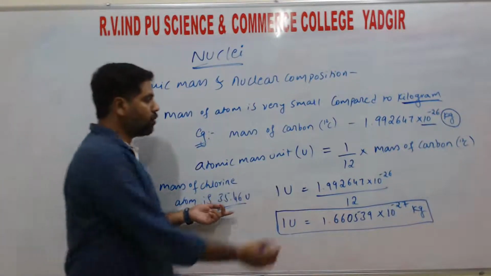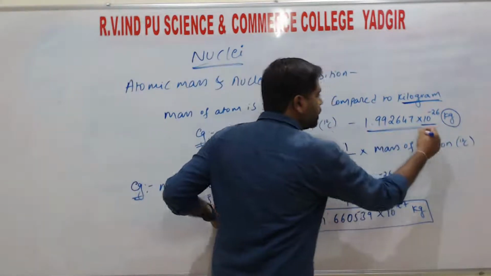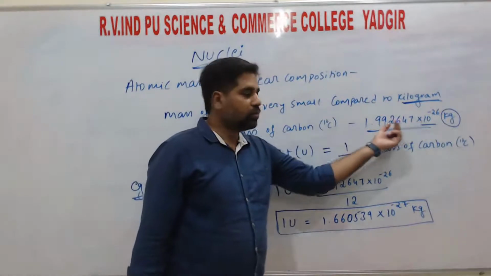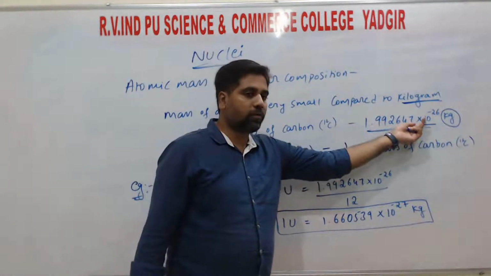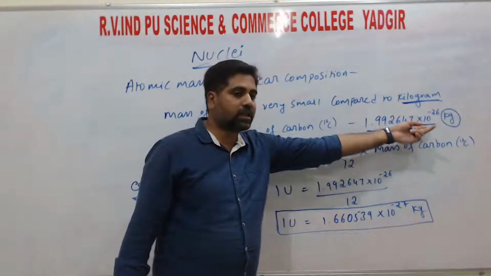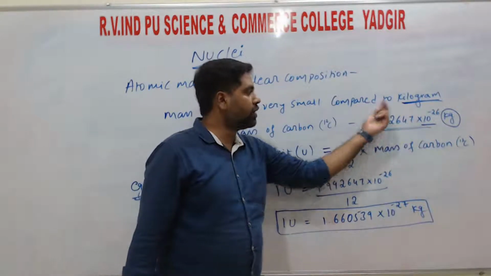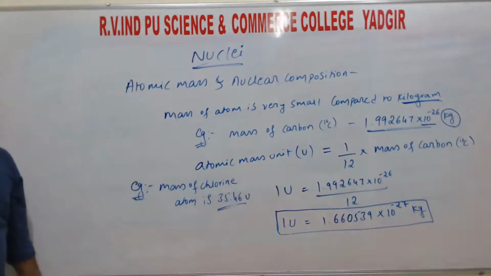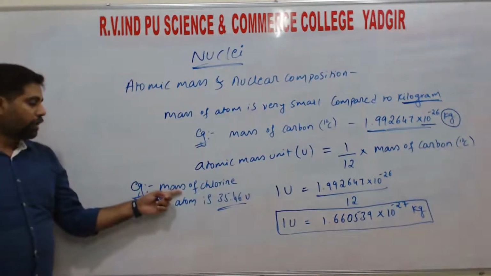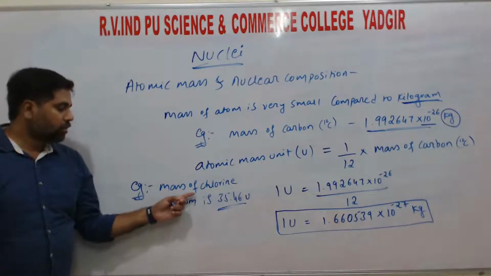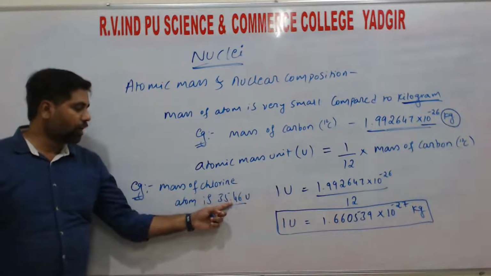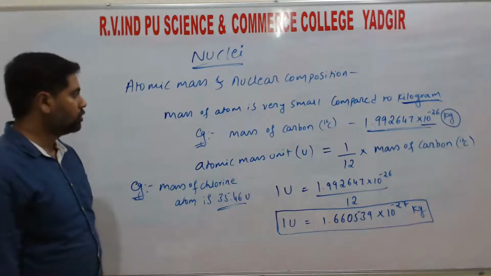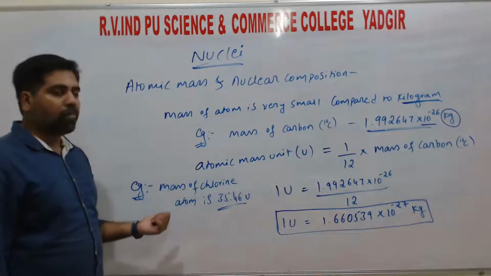Now if we measure the mass of carbon in terms of kg, it gives larger numbers, 1.992647 times 10 to the power of minus 26 kg. So we simplify the value by using the atomic mass unit. So the mass of the chlorine atom is 35.46 U, right? This is the basic idea about the mass of the atom.